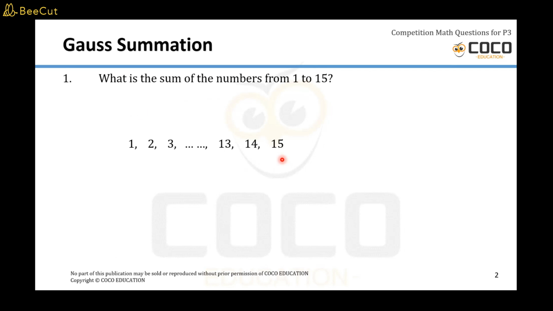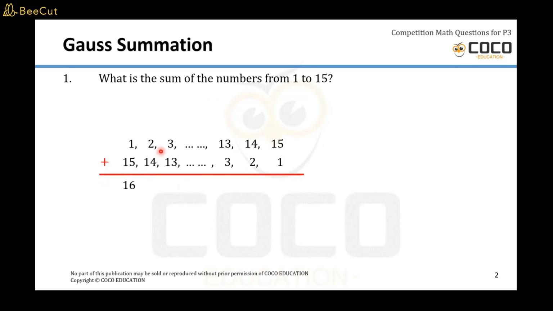Next, we can write these numbers in a reverse way, which is starting from 15, 14, 13, and so on until 1. And then we add these two sets of numbers together. You will see that 1 plus 15 equals 16.